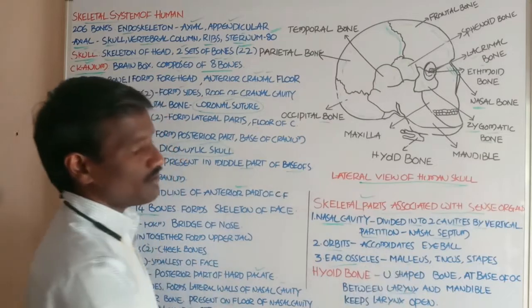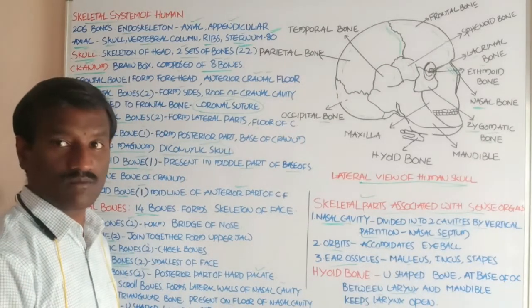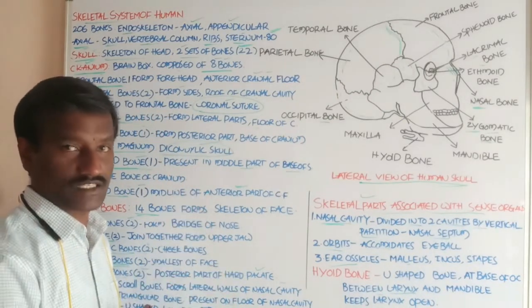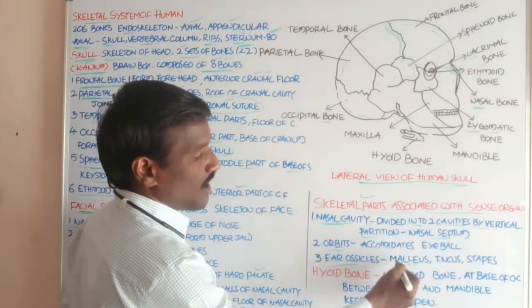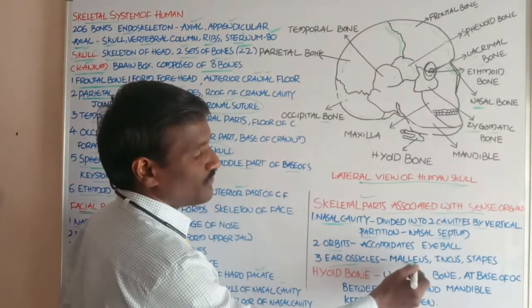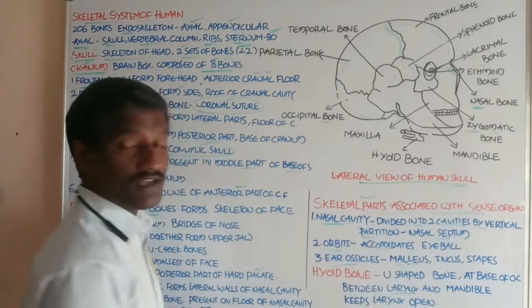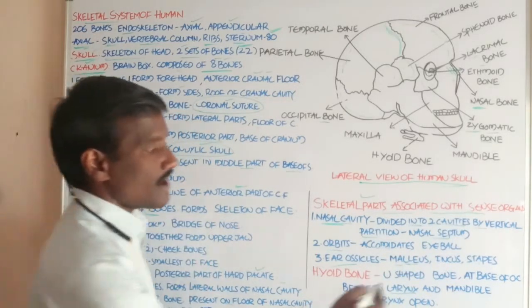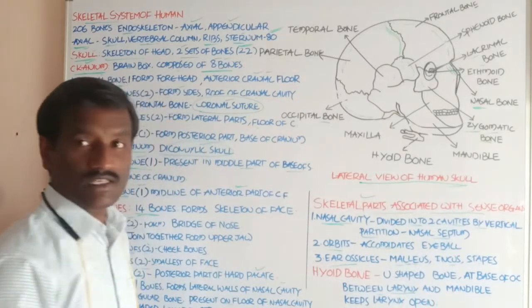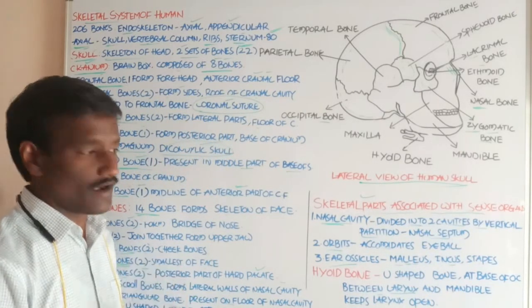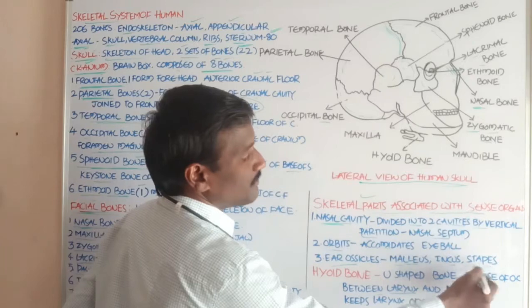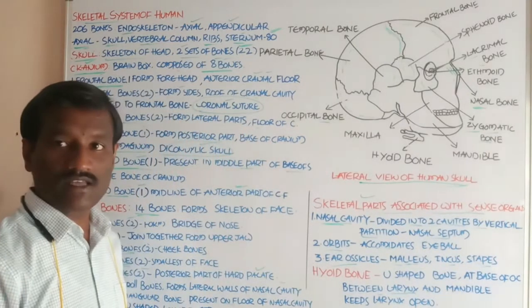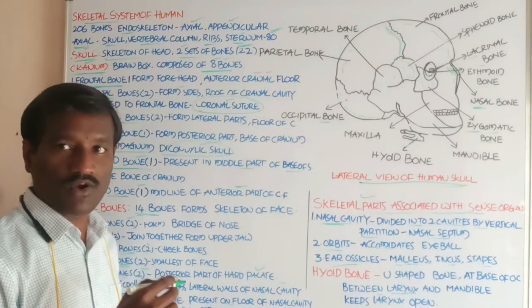These are modifications of other structures. Malleus is the modification of the articular, incus is the modification of the quadrate, and stapes is the modification of the hyomandibular.